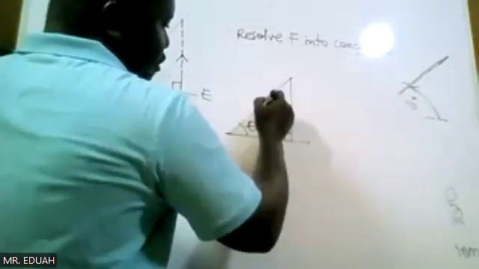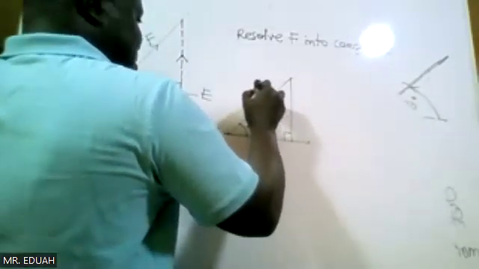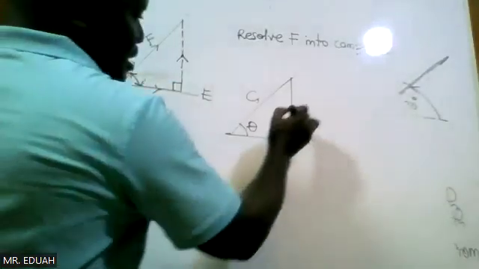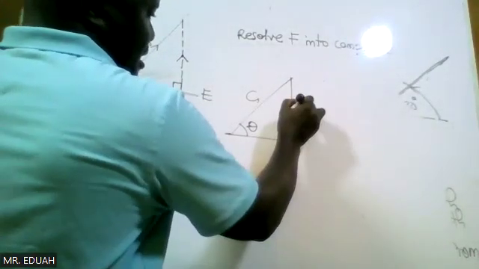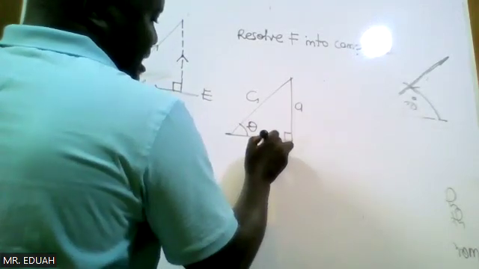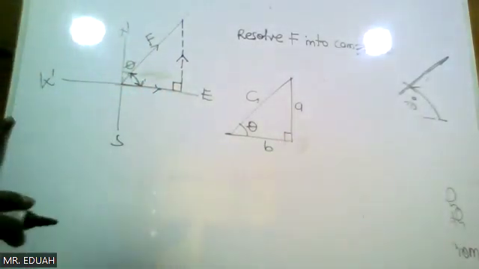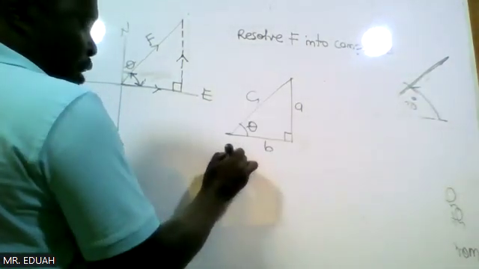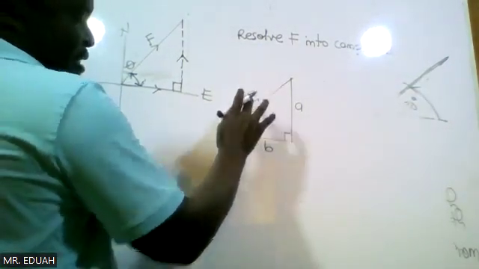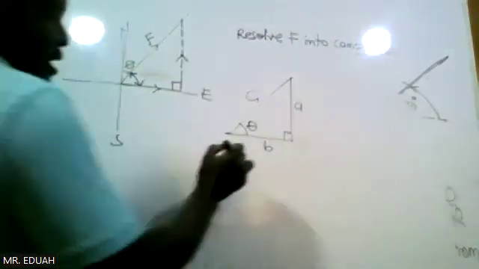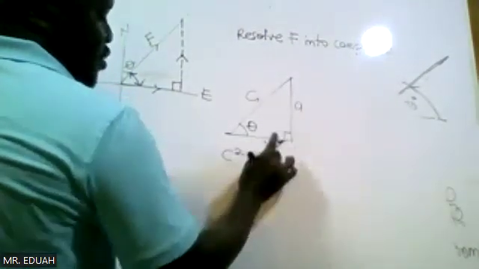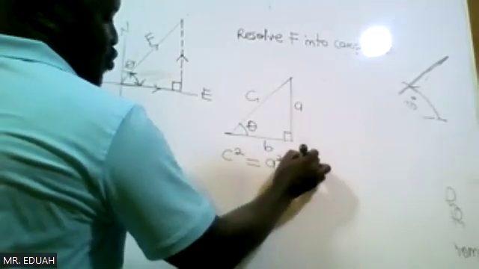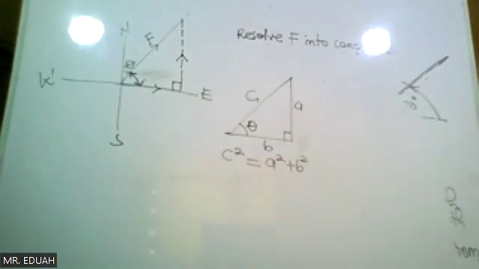Assuming the hypotenuse is C, the opposite is A, and the adjacent is B. From Pythagoras theorem, C squared, the square of the hypotenuse, is equal to the sum of the squares of the other two sides, so A squared plus B squared. We've learned this. This is not new to us.